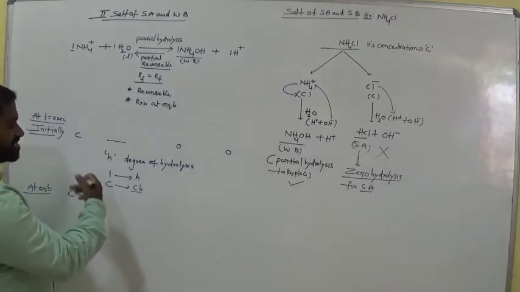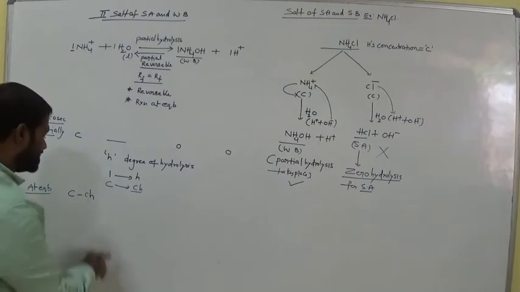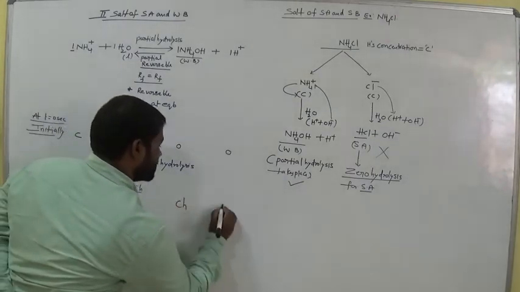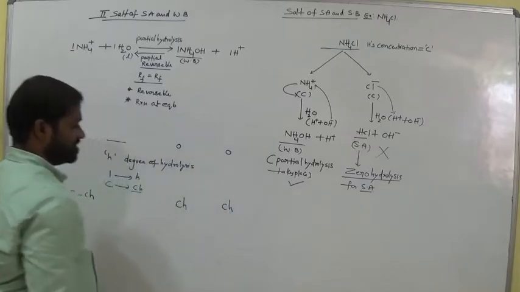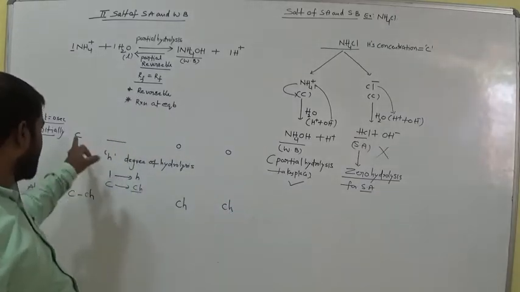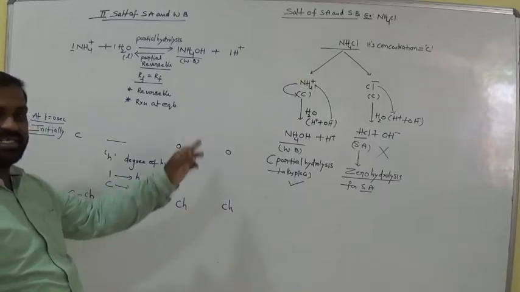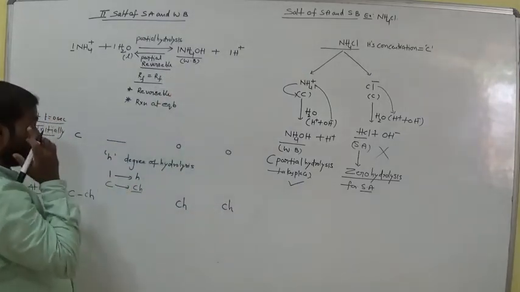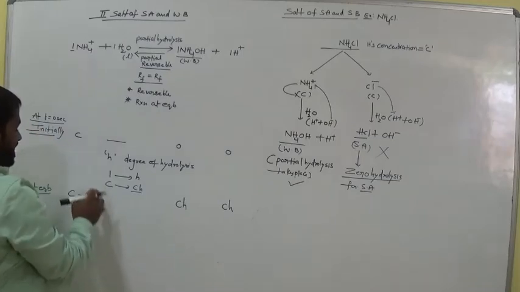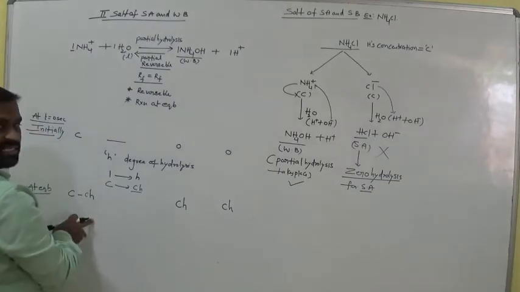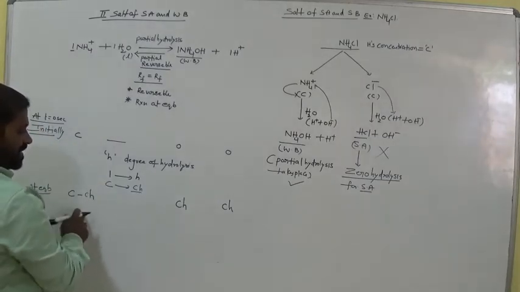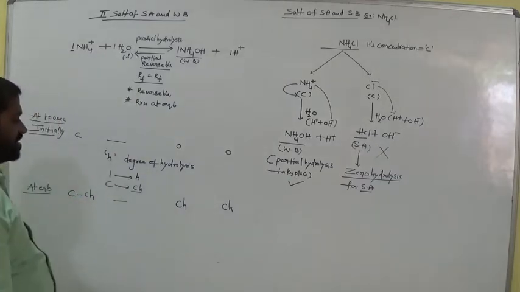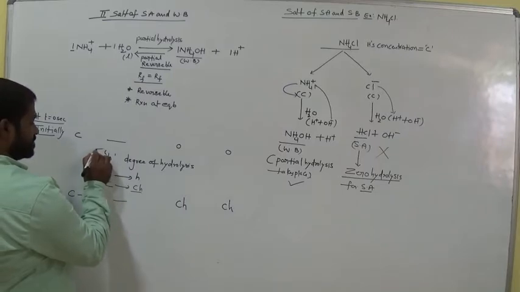Now how many molecules are converted to product? Ch, here it is also Ch. Ch decreases on the reactant side and Ch increases for ammonium hydroxide and H plus on the product side. So at equilibrium the remaining moles are C minus Ch. For water it is constant. Clear, all of you?